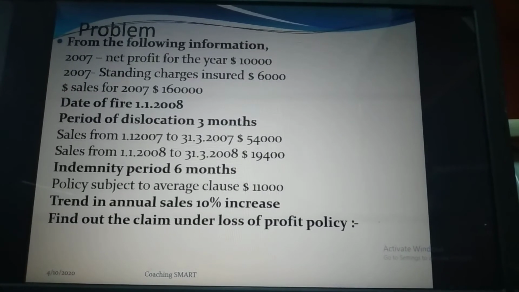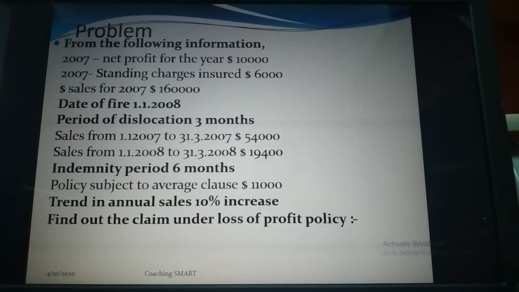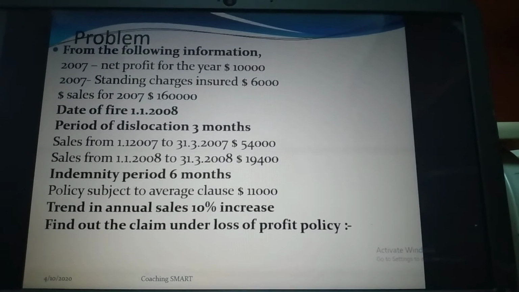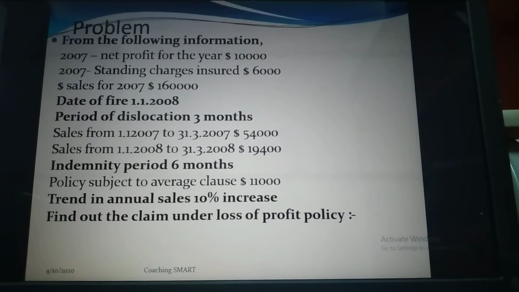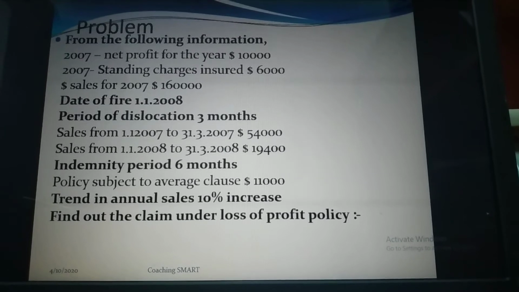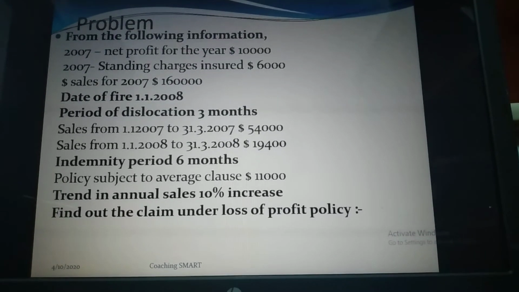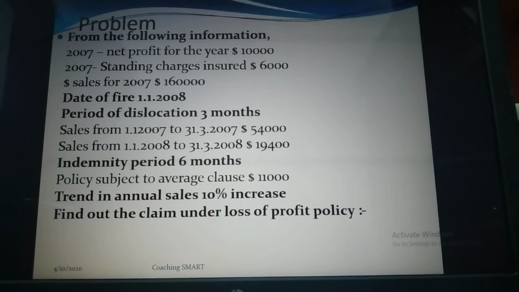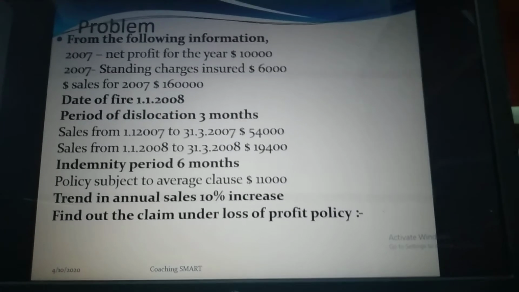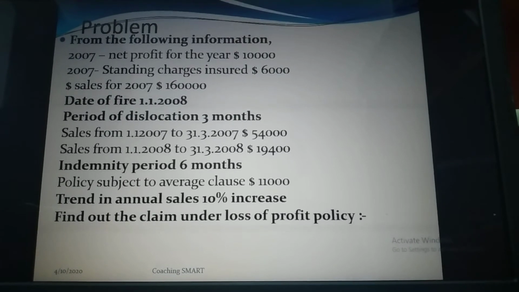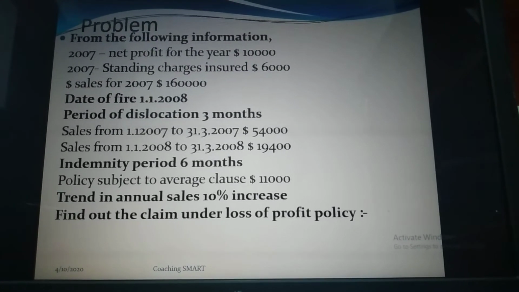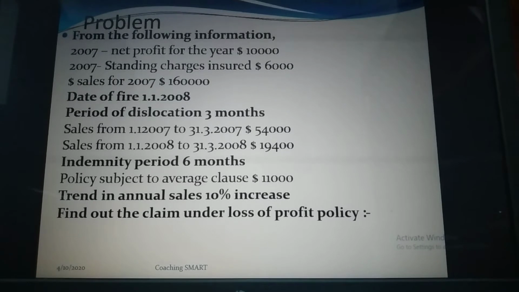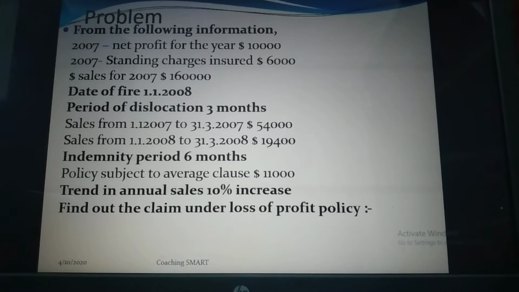In the problem, from the following information, 2007, the net profit for the year is 10,000. 2007 standing charges insured $6,000. Sales for 2007 is 160,000. Date of fire is 1st January 2008. Dislocation period is 3 months.